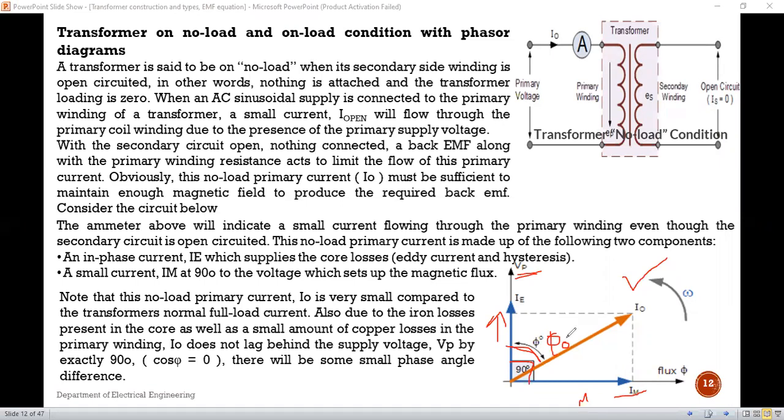Okay, so this is related to no load condition, that is transformer on no load condition. Okay, getting, लक्षात आलं का हे? Hello, give me reply.